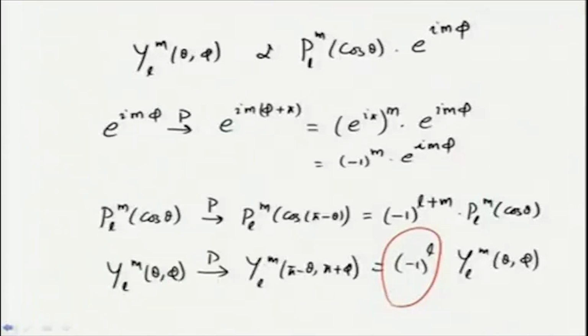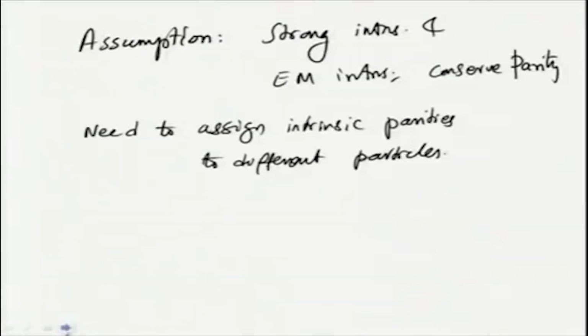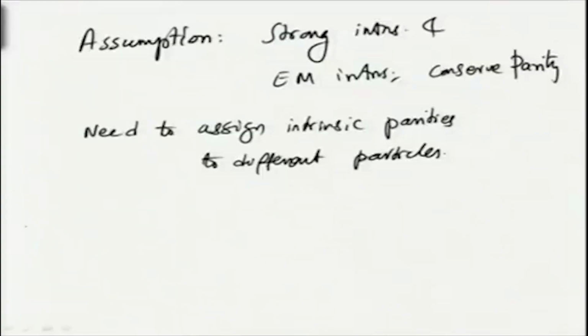So, without going into how exactly that comes about, the question that we will ask is, looking at various different reactions, is it possible to assign intrinsic parities to different particles consistently, so that the strong interactions and electromagnetic interactions conserve parity? The answer is yes, this can be done consistently.